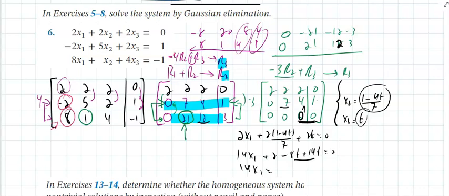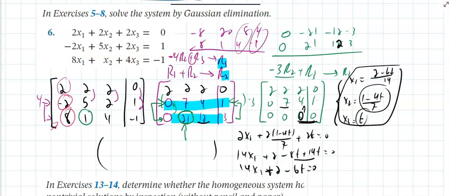That's 6t plus 2 minus 6t equals 0. So x1 would be 2 minus 6t divided by 14. You could put it as an ordered pair if you want, that doesn't matter.